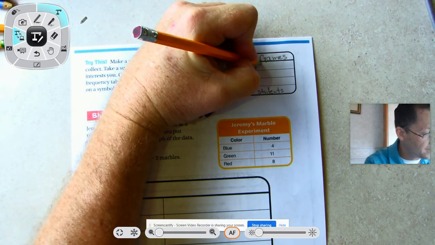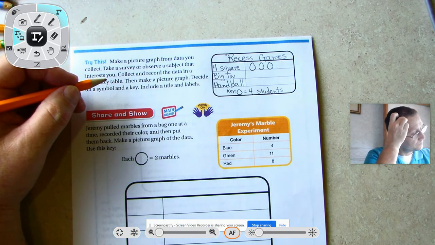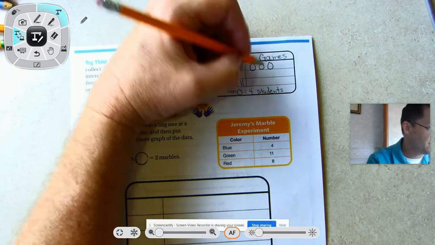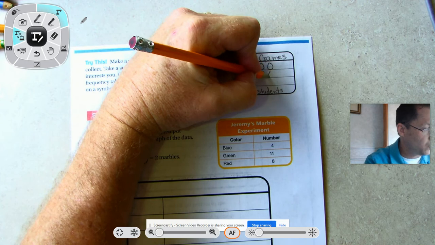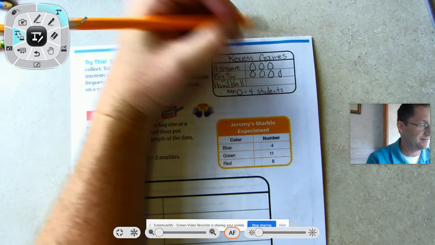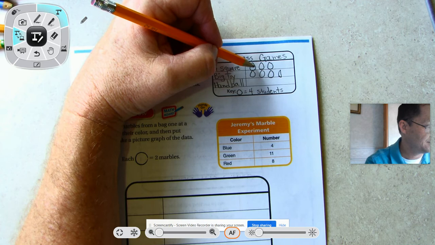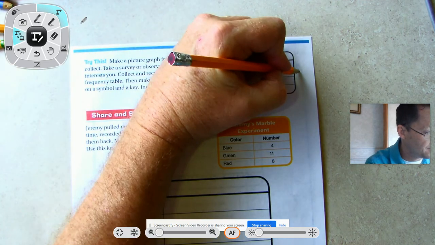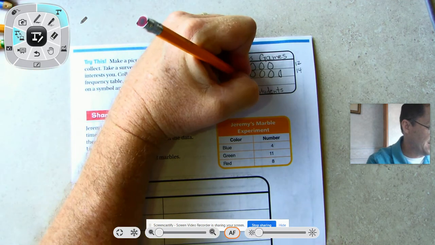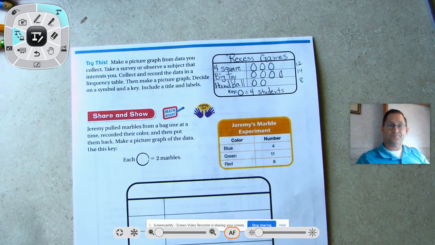So 4, 8, 12. 14 students chose Big Toy. 4, 8, 12, and then I have to take half to get to 14. Okay, 14 and 12, and then we're going to say 8 students chose handball. Okay.